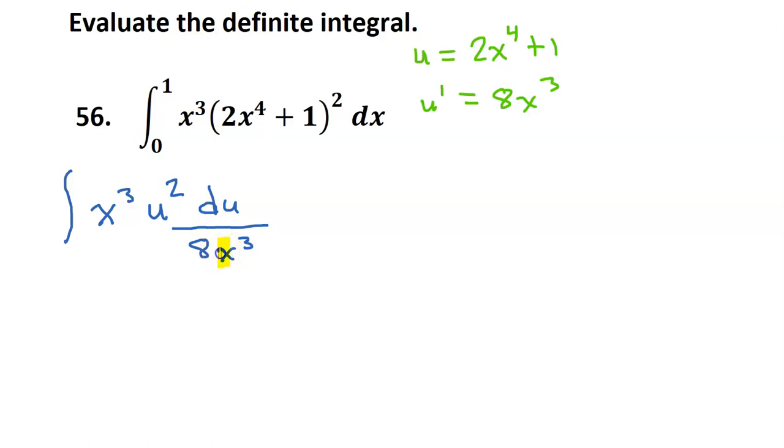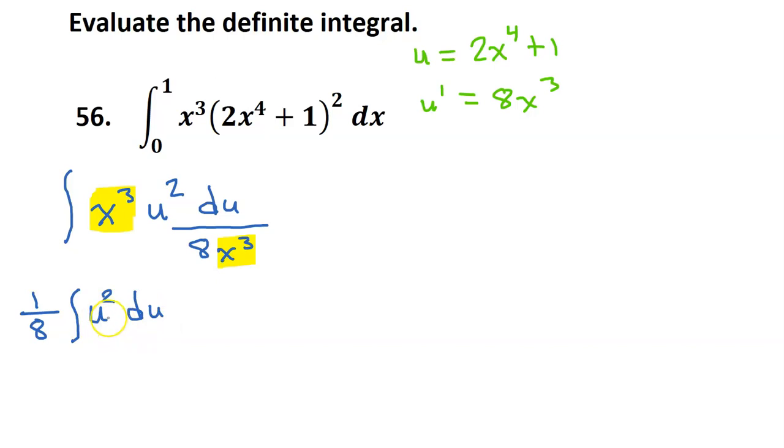Let's see what cancels out. The x to the third power cancels out this x to the third power. Notice we have this 8 in the denominator. That is 1 over 8 out in the front. And then we have our u squared du.